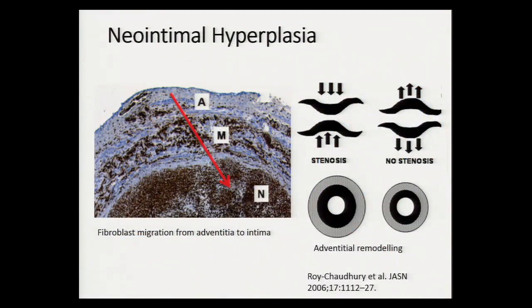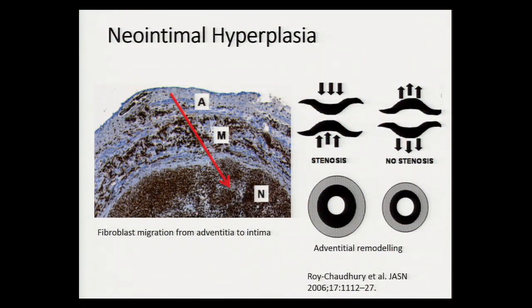There's another thing. When the vein matures, there's some neointimal hyperplasia, but there's also remodeling of the vein where the vein dilates and the media of the vein thickens. Some patients have a problem with adventitial remodeling, so the vein is unable to dilate, and if there's an inability to dilate in some area or another, that's a potential site for stenosis.